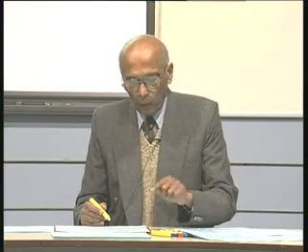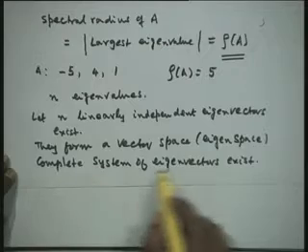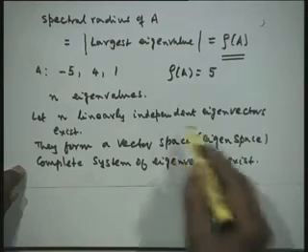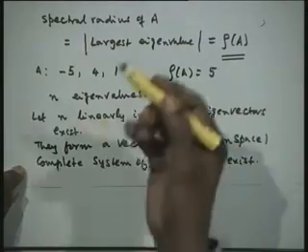I would assume that the eigenvalue problem we are talking of has a complete system of eigenvectors, so that any vector in this space can be written as a linear combination of them. For example, in a 2 dimensional coordinate system, any vector can be written in terms of the base vectors i and j, like 3i plus 4j.